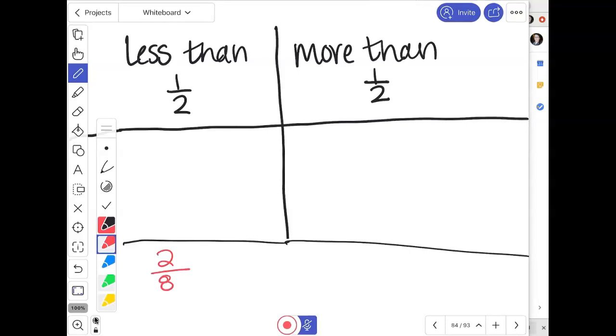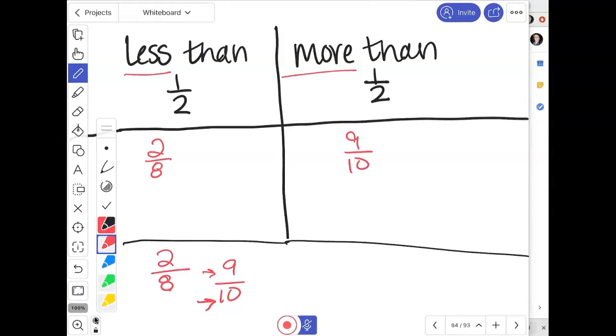I want to decide, is that less than 1/2 or is that more than 1/2? Well, I'm going to say to myself, hey self, what's 1/2 of 8? Well, 1/2 of 8's 4. So this is less. How about 9/10? What is 1/2 of 10? 1/2 of 10 is 5. 9 is more than 5. So it's more than 1/2.